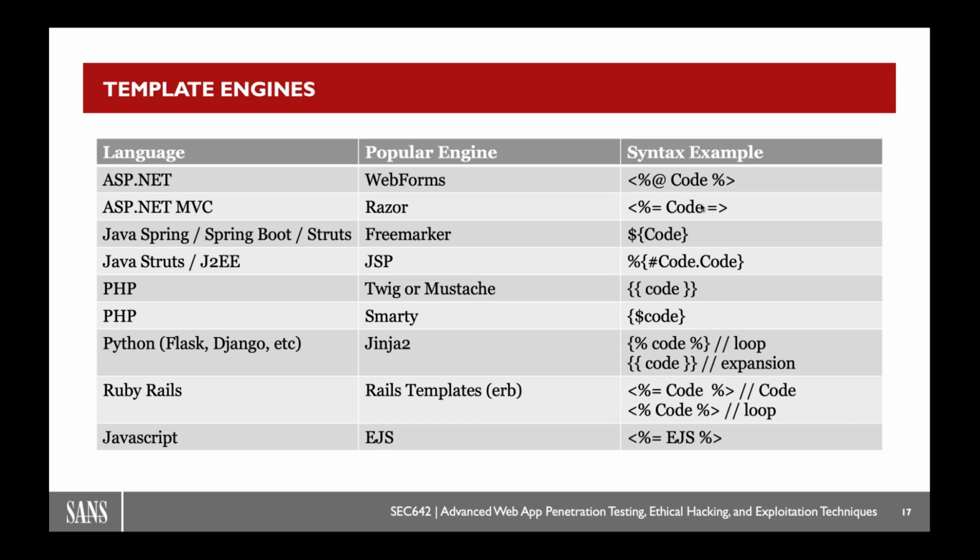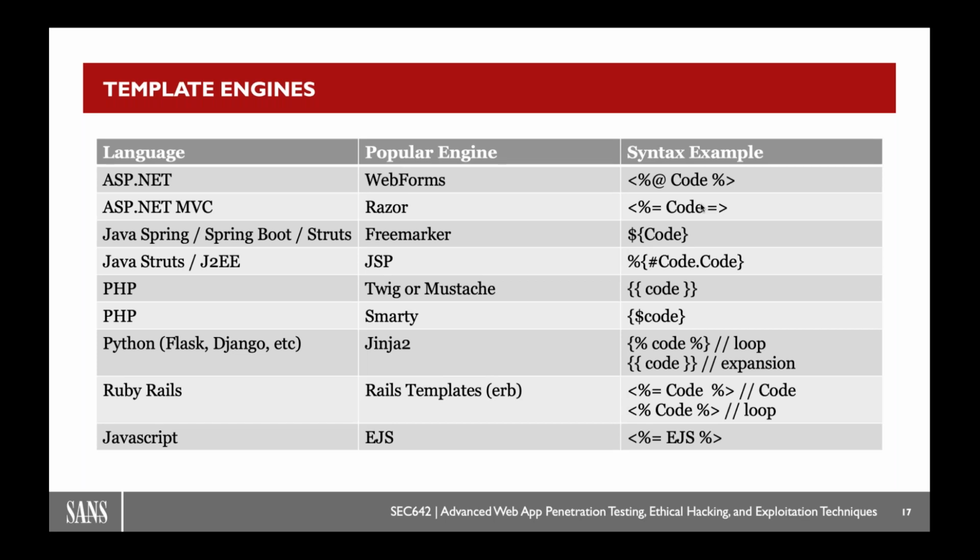So some languages or frameworks like ASP.NET will use web forms, maybe Java will use JSP, and PHP will use Smarty and the like, right? So depending on the type of template, your special character code delimiter is going to be different.